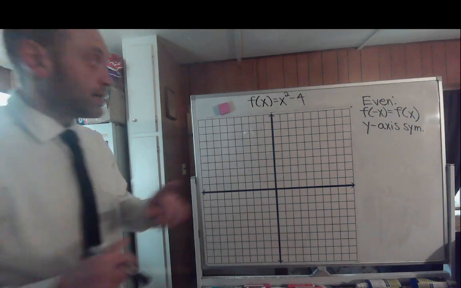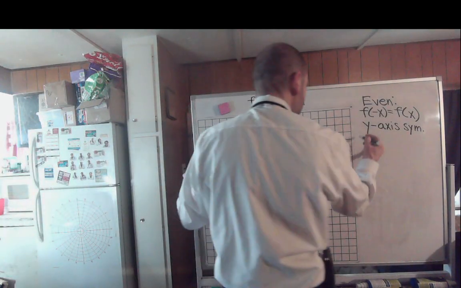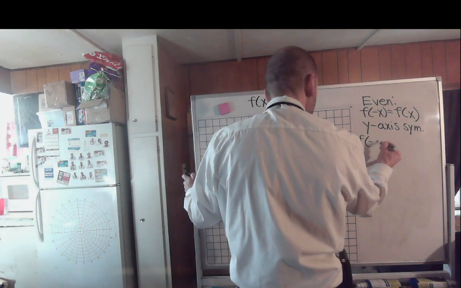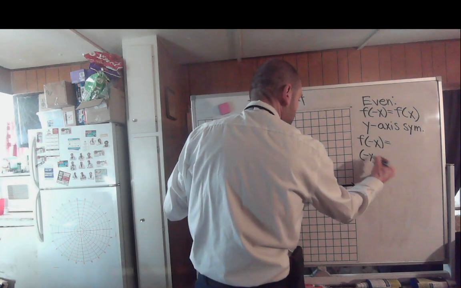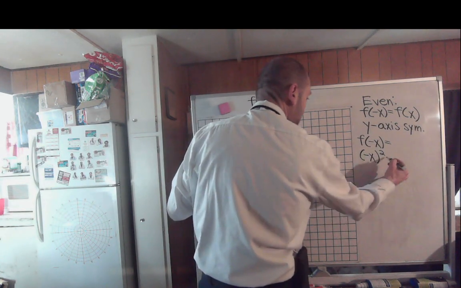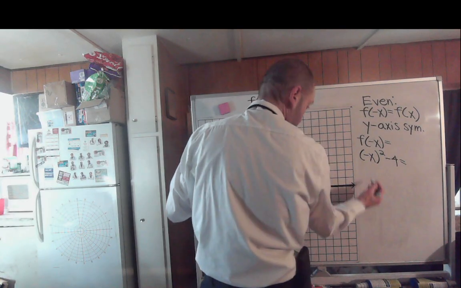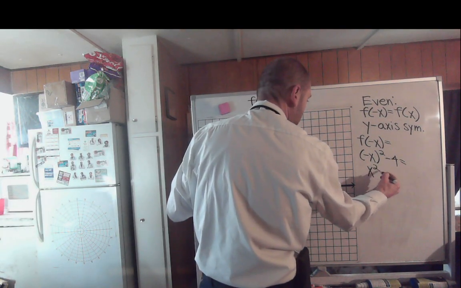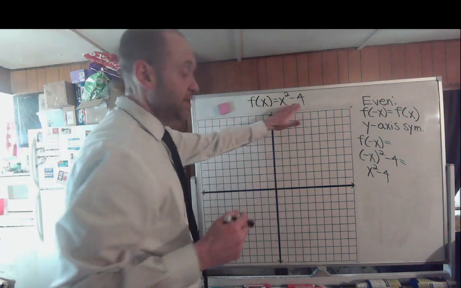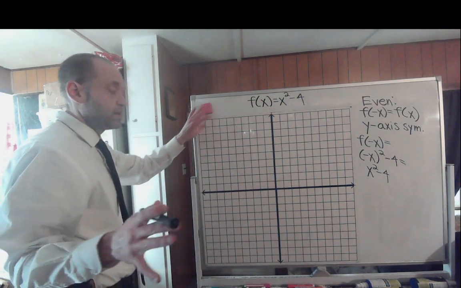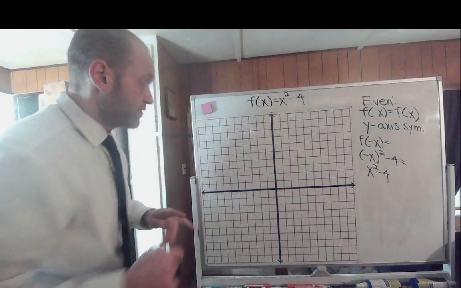Well, algebraically, let's prove this is even. If you put in f of negative x, that's going to then give you negative x raised to the second power minus 4, which would turn into x squared minus 4, giving you back your original f of x. So this is an even function. We've proven it algebraically. Now let's show you graphically.